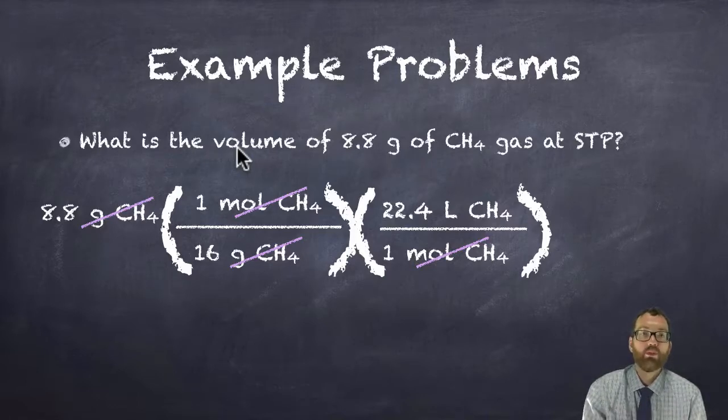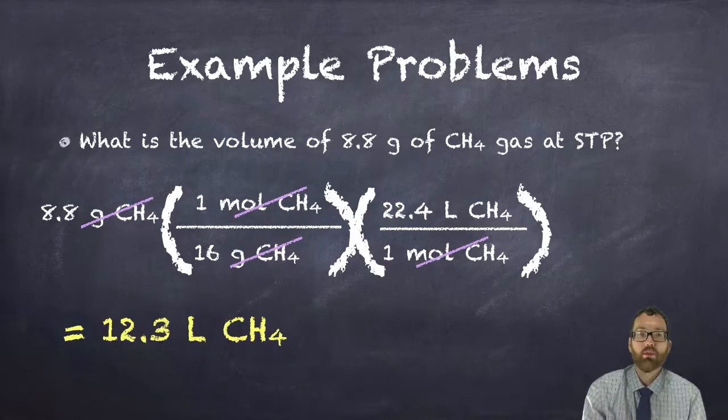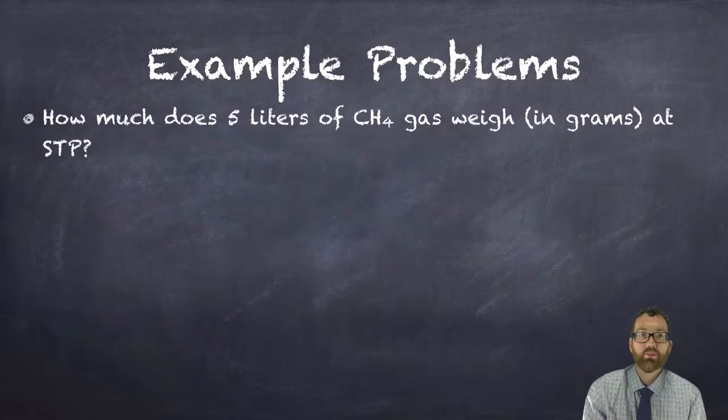So remember, we multiply everything on the top and divide by everything on the bottom. I usually go left to right, and of course we always skip the ones because it won't change our answer. So I would type in to my calculator 8.8 divided by 16 times 22.4. And that will equal 12.3 liters of CH4.